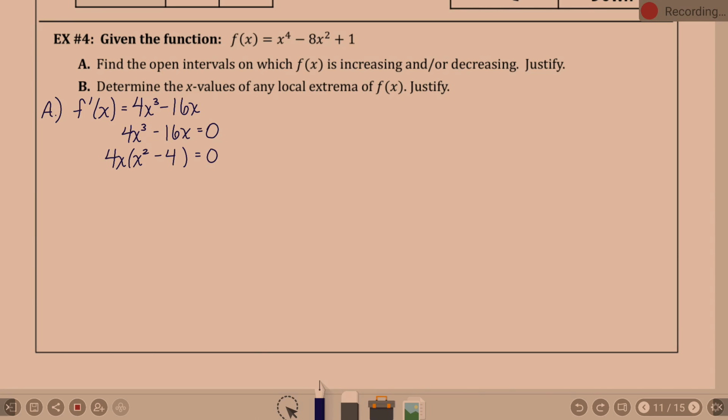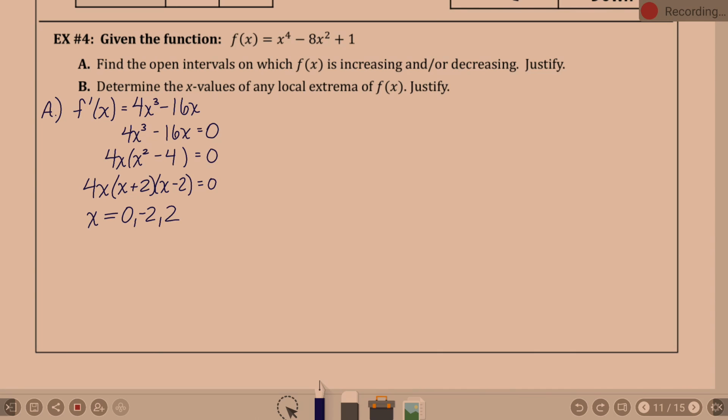What's the other option? You can factor x squared minus 4 as x plus 2 and x minus 2, the difference of two squares. I'm not saying one is more right than the other. We're fine either way. With this in mind, what are my critical values? 0, 2, and negative 2.